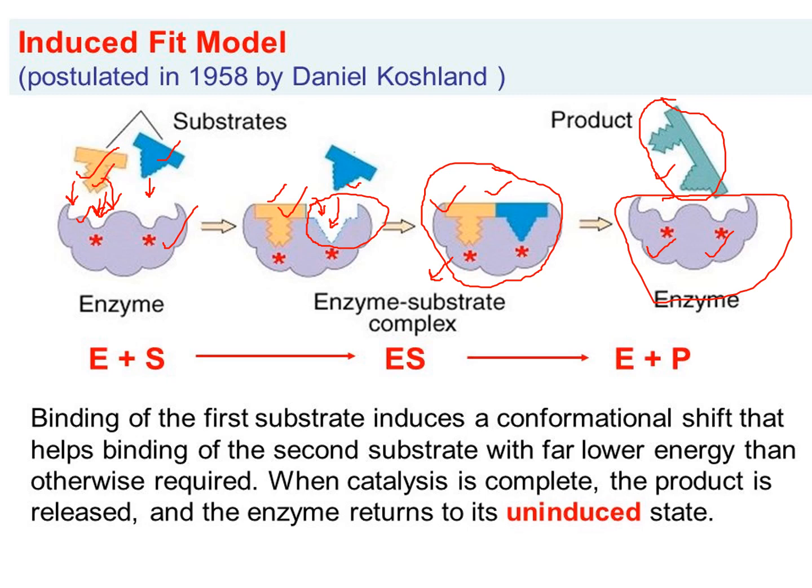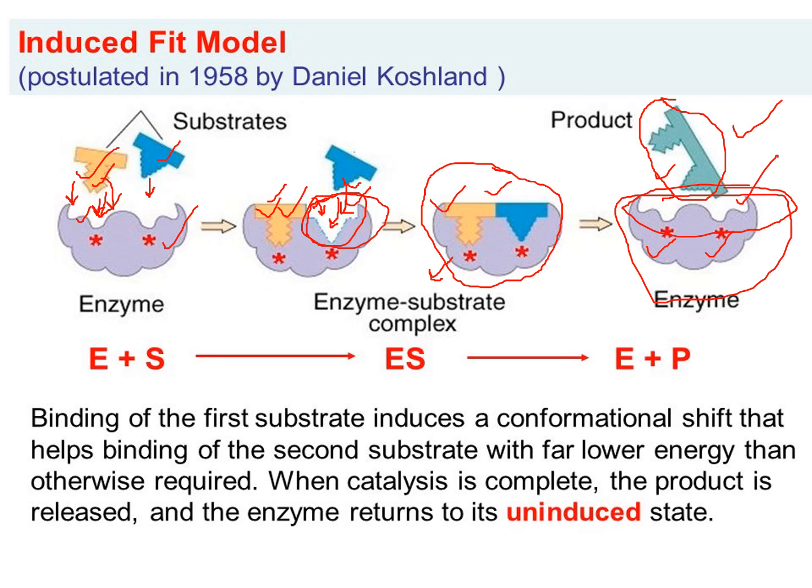But when it comes to the second one, the first substrate has already induced the change in the shape of the enzyme. So with a lesser amount of energy only, this substrate can attach to the enzyme. That is the advantage of this model. When catalysis is complete, the product will be released, and this enzyme active site will be made available for the next substrate. So this is the induced fit model.